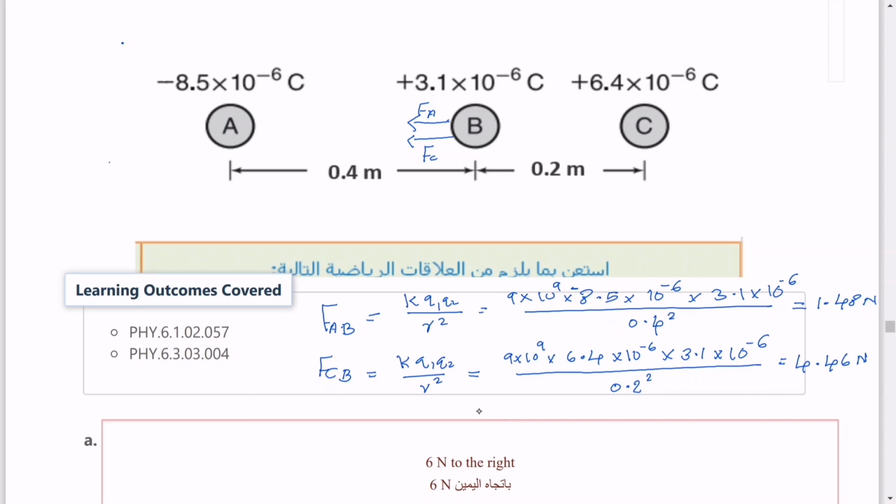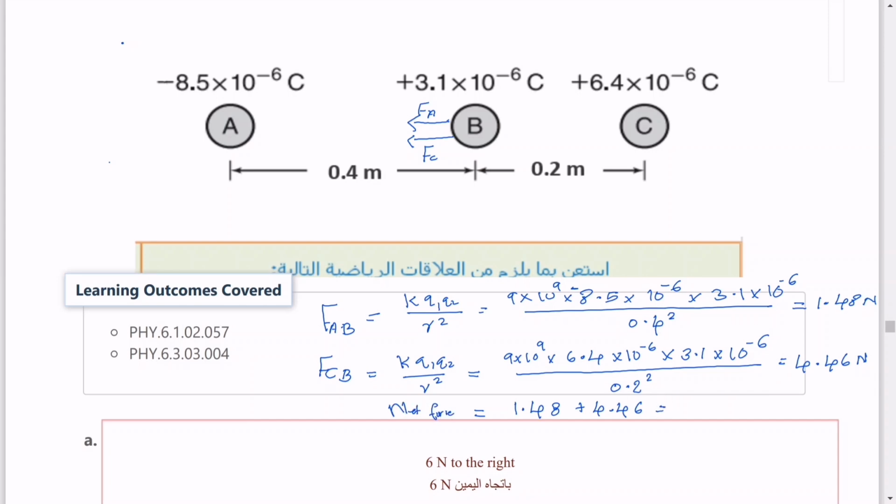So the total force will be 1.48 plus 4.46, the net force.